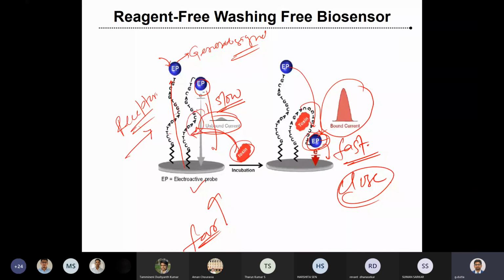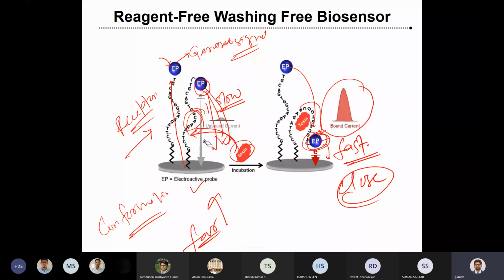When they bind, there is some binding energy change, and mainly a conformation change, so the probe comes close to the surface. This is a different topic that I'm not teaching here, I'm just showing you that the conformation will change. Because of that, this will be very close to the surface. Okay, clear? Yes, sir.